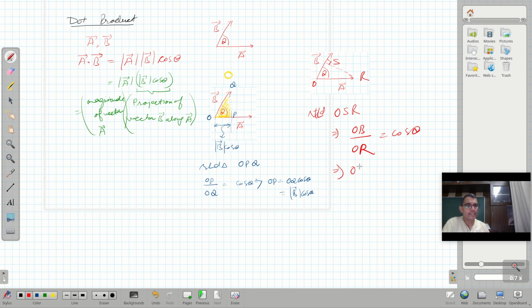So I can write it as OS, not OB but OS. This point is S, sorry, it is a V vector, so it is OS rather than B.